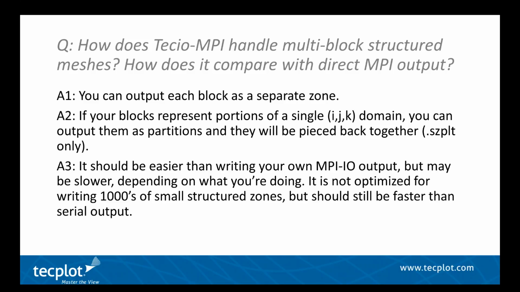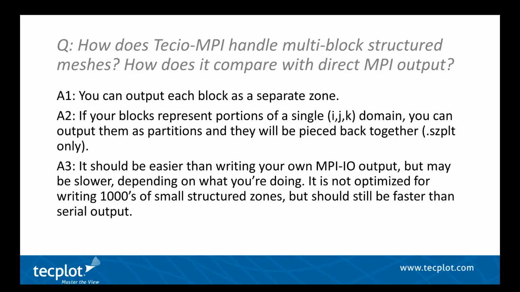Now, as to how it compares with direct MPI output, we've designed this to be easy, so it should be easier than writing your own MPIIO code. The execution speed may be slower depending on what you're doing. In particular, I'm hearkening back to a customer who was helping us test out this library, and he was writing thousands of zones that were about 10 by 10 by 10 nodes in each dimension, so 1,000 nodes total.